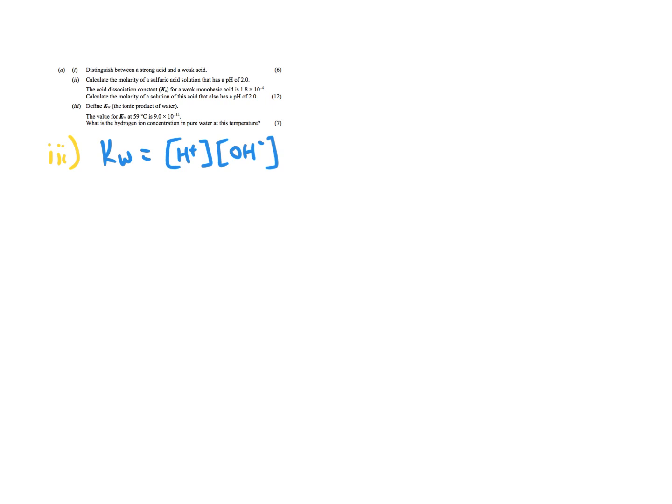Then it asks you to calculate the concentration of the H plus ion. From our theory, we should know that the Kw is equal to the concentration of the H plus ion by the concentration of the OH minus ion. From the question, that's equal to 9.0 by 10 to the power of minus 14.